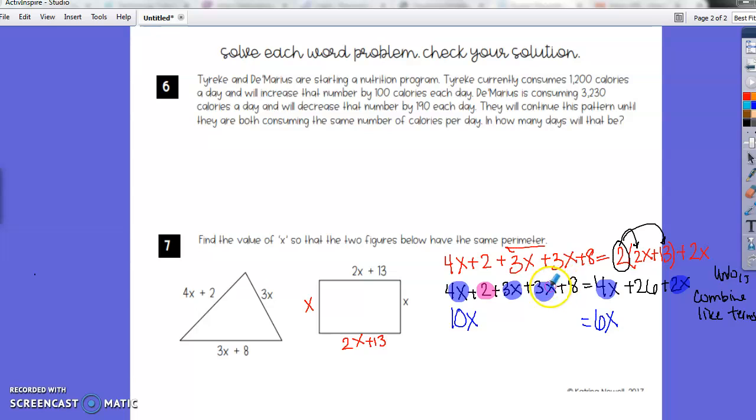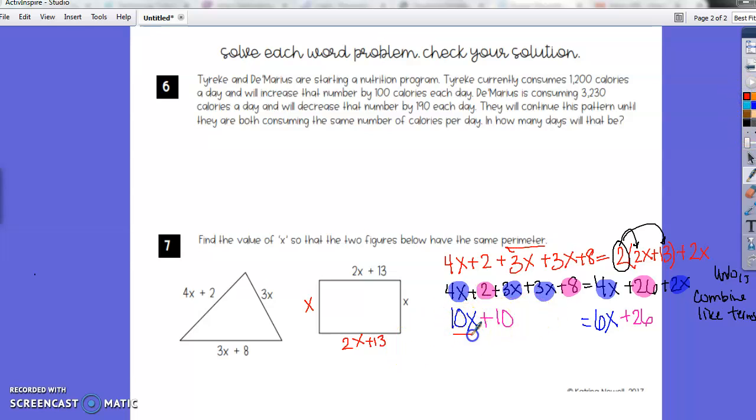I have a 2x and an 8 and then just a 26. So now if I look at my numbers, regular 2 plus 8 is 10. And then just this 26, I can bring this down. Now I have something that's much better to work with.